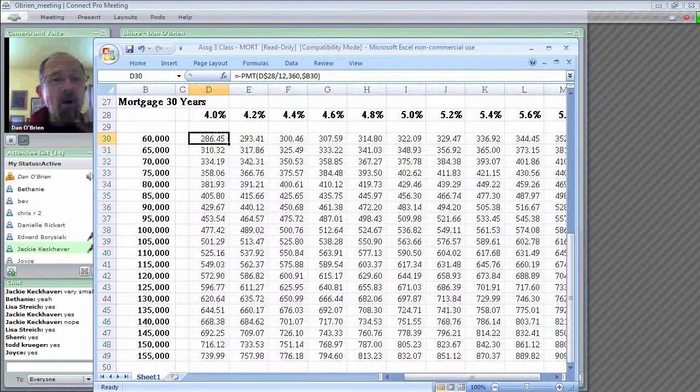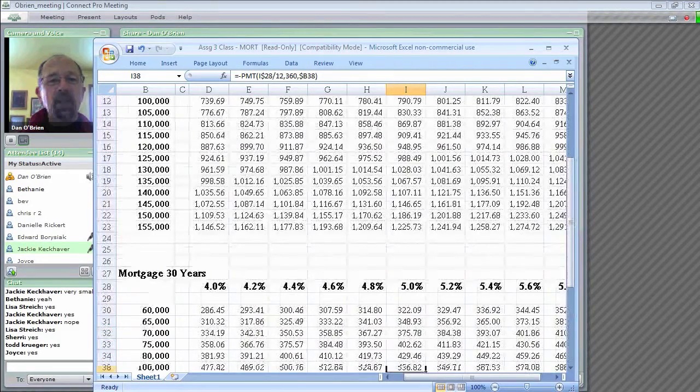Now we know what a monthly payment would be. Let's say you're having $100,000 and instead of a 15-year mortgage, you have a 30-year mortgage. The 30-year mortgage at 5%, you pay $536.